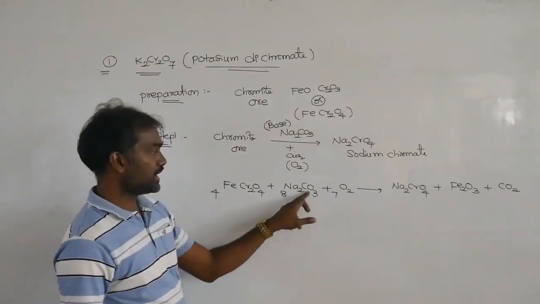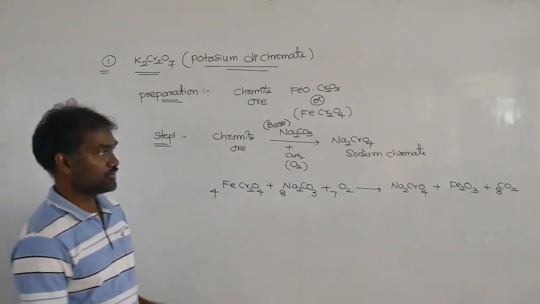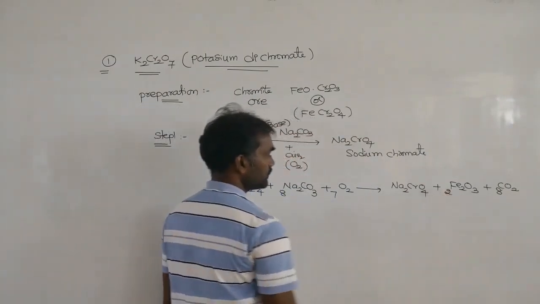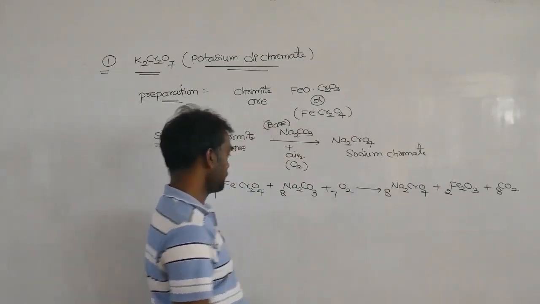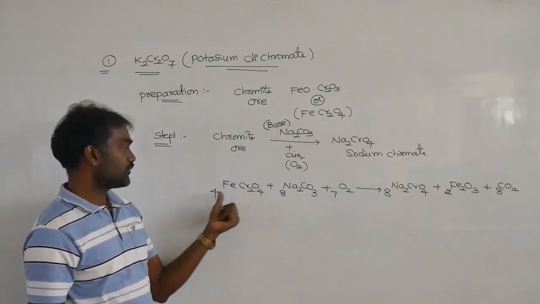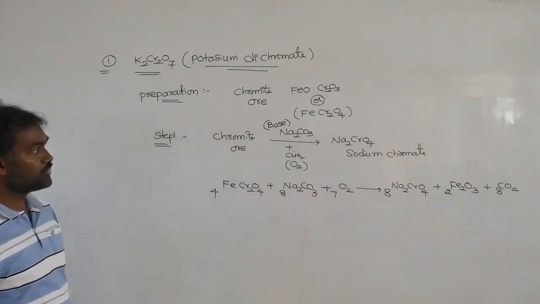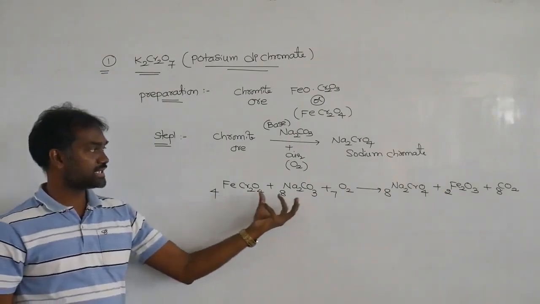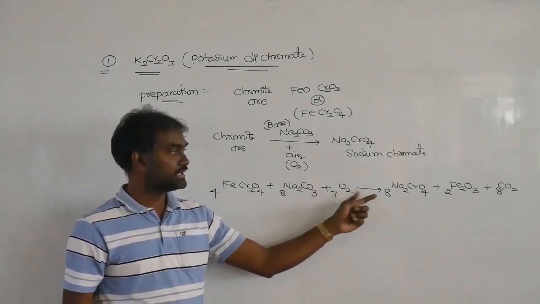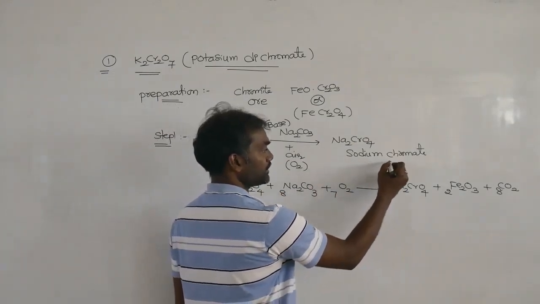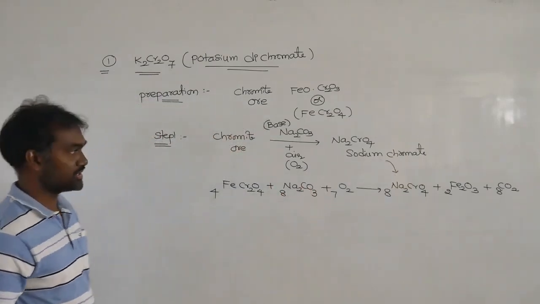Here 8 carbons are there, so 8CO2. Next, irons are 4, so you can take 2. Next, sodiums are 8 twos, so 16. Chromiums are also 4 twos, 8. So it is balanced. So this is step 1. Chromite ore is treated with sodium carbonate base in the presence of air, then it gives sodium chromate. You write down that matter, after that you write down the equation.